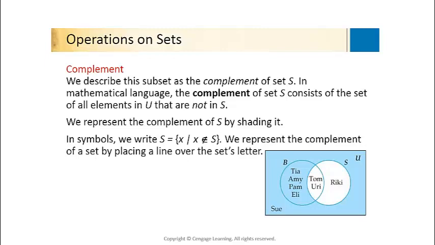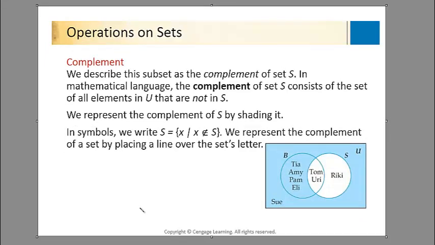As far as complement, we're just saying what's not in a set, and that's what complement means. So the complement of set S would be Tia, Amy, Pam, and Eli.